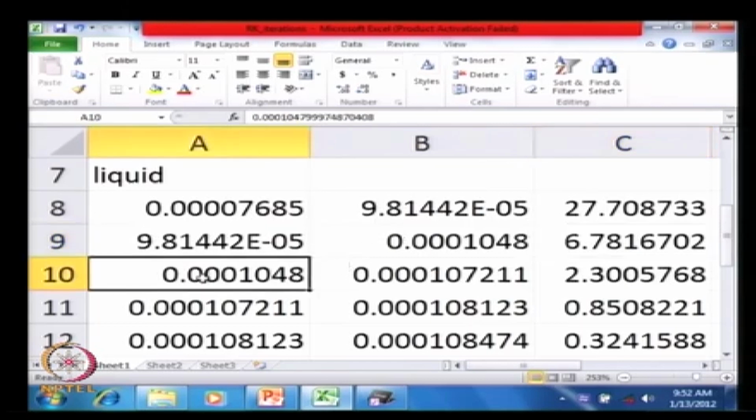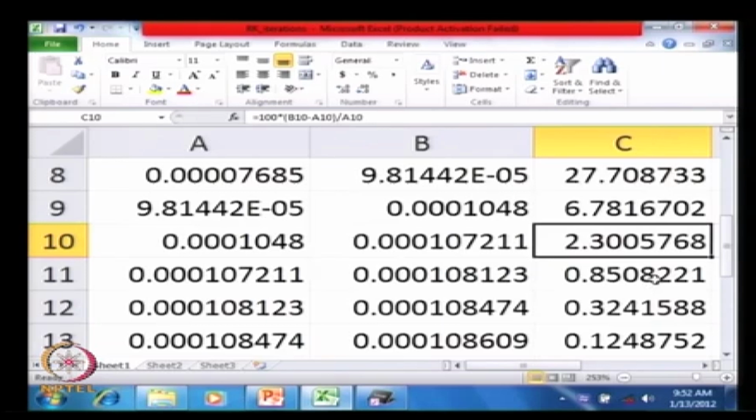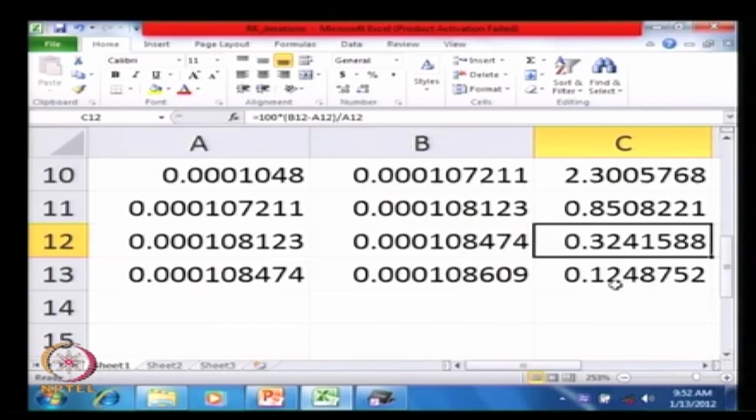Therefore, we do another iteration, take the calculated value, put it into the next guessed value, and here the percentage difference comes down to 2.3. The next time you do it, the percentage is somewhat acceptable, 0.85, and then if we want to continue and improve our accuracy, one more iteration comes down to 0.324, and we will stop here. You could have even stopped here.